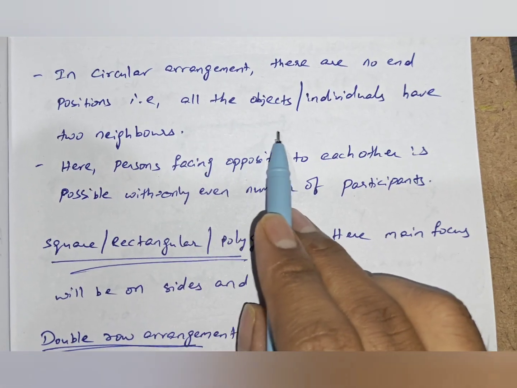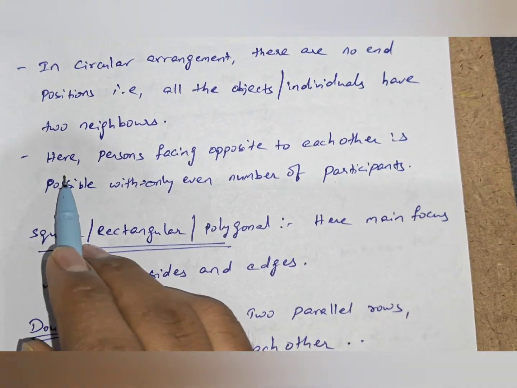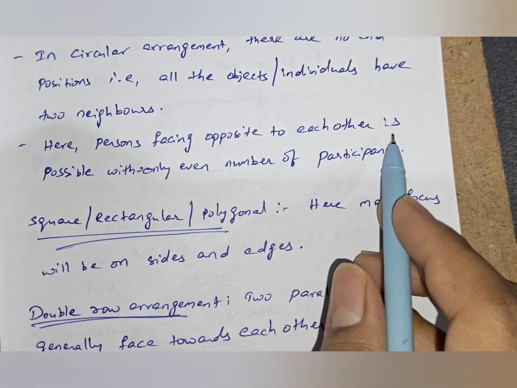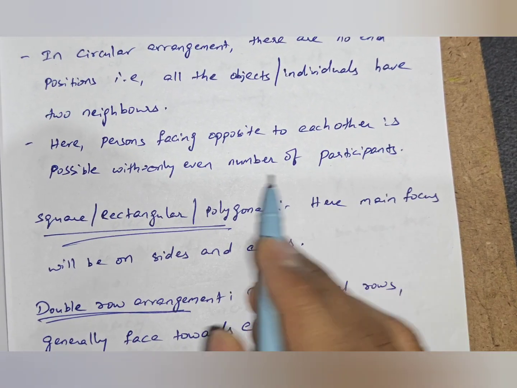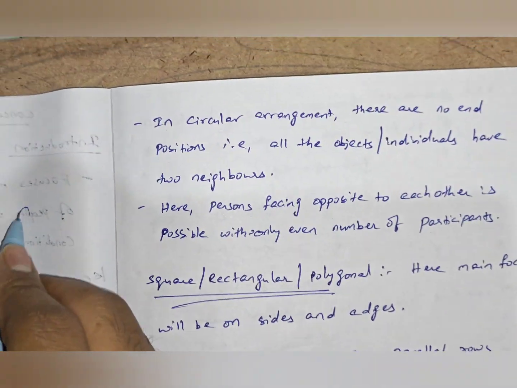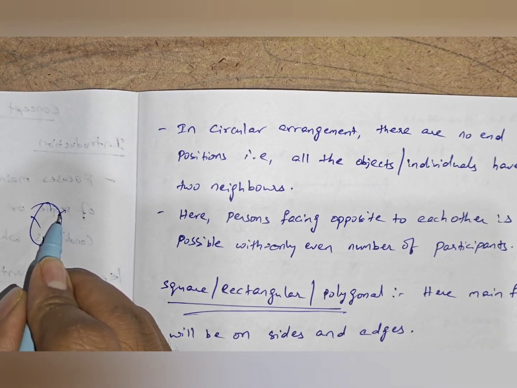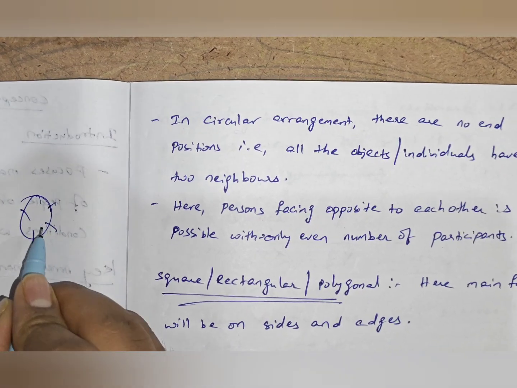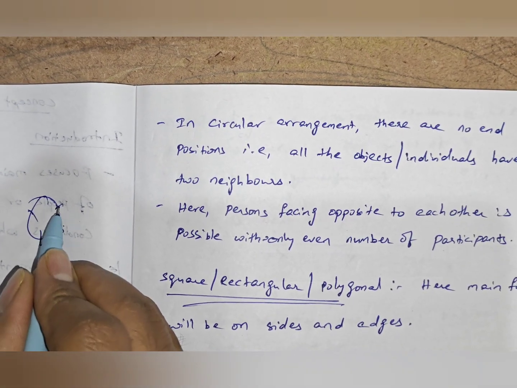That is, all the objects or individuals have two neighbors on either side. And here, persons facing opposite to each other is possible only with an even number of participants. For example, if there is an odd number, there is no person facing this person. And if there is an even number, you can treat this person as facing him and this person facing him.